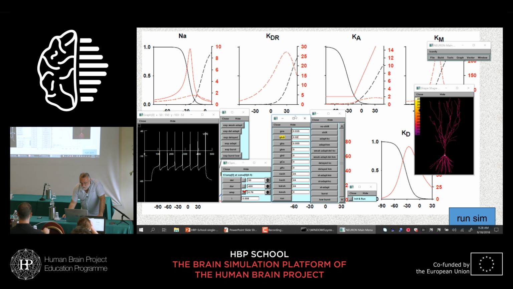Okay, so if we increase, as your colleague was suggesting, either the KDR or the Ka, what you expect, based on the kinetics, is an increase in the interspike interval. Okay, so let's try that.